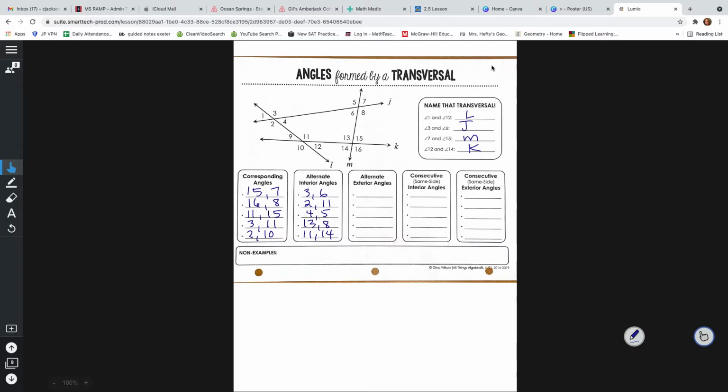So give me a set of alternate exterior that are on transversal L. 3 and 10. 12 and 1. 1 and 8. 16 and 5. 14 and 7.